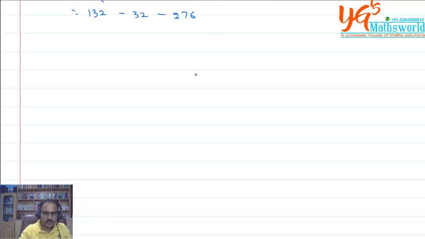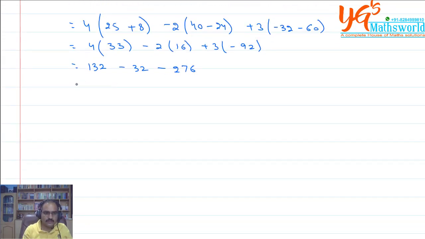Now 132 minus 32 minus 276 comes out to be minus 176, which is not equal to 0. Therefore we stop here and we say that rank of A is equal to 3. Okay, that is the result.